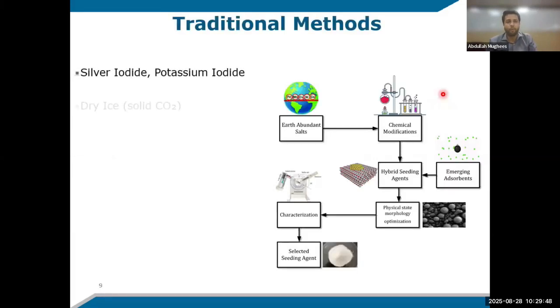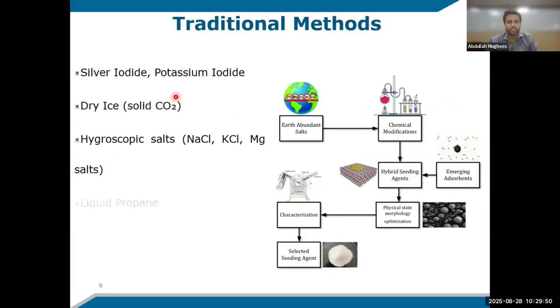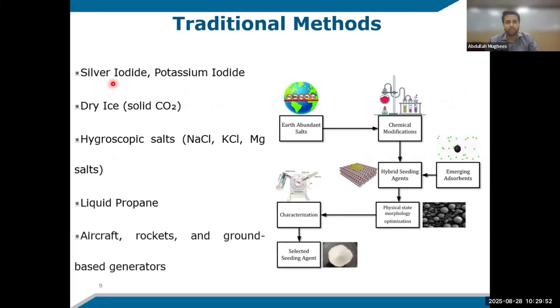So traditional methods have been using silver iodide, which is the most effective one, or sometimes potassium iodide. Dry ice in itself is a water vapor condensation nuclei, but we have to bring the dry ice into the sky and spread it.